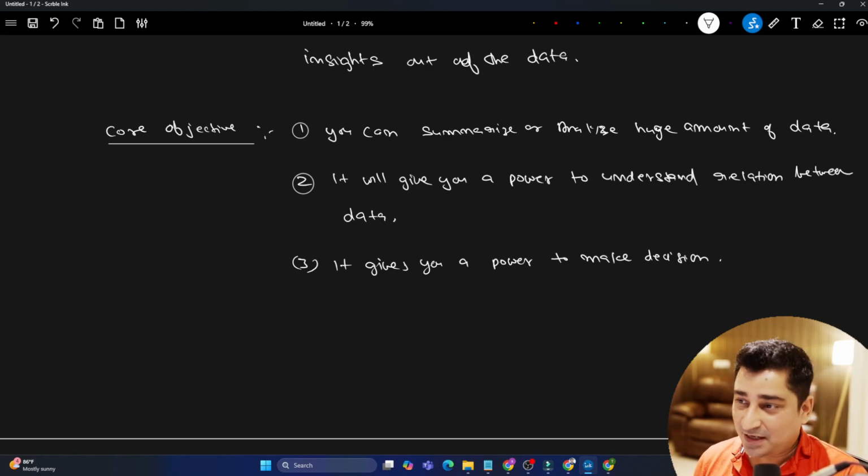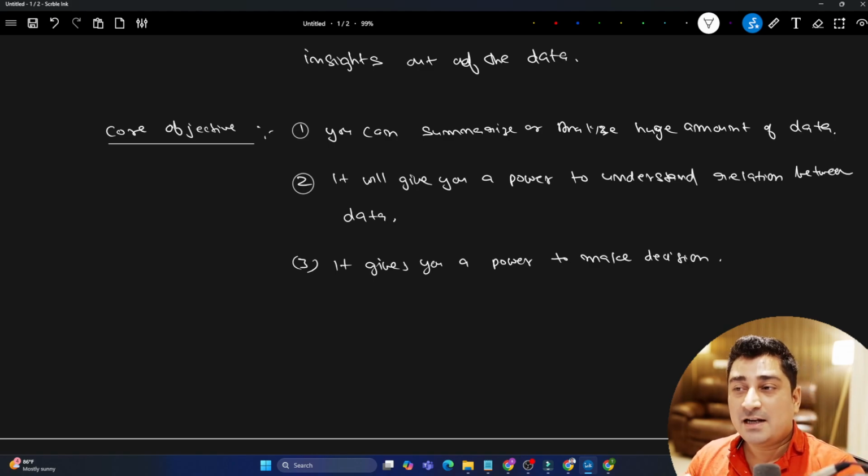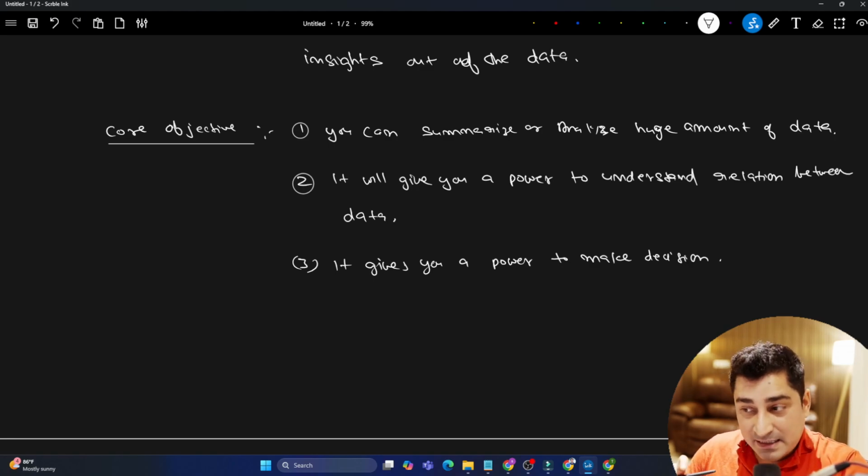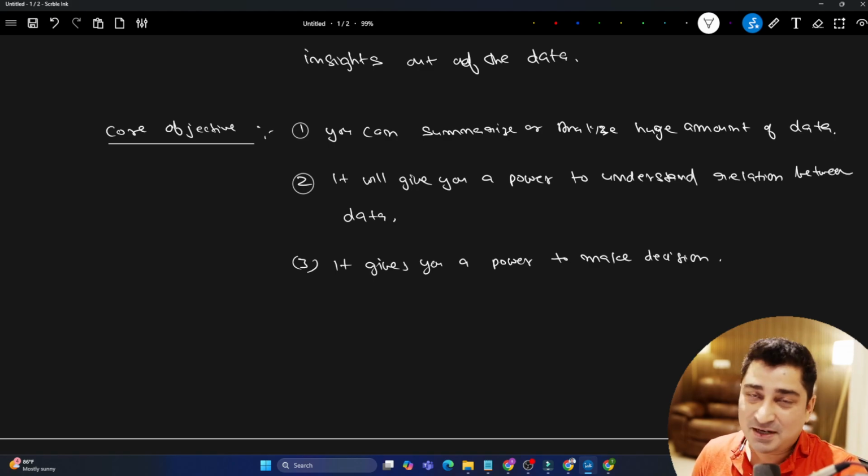And statistics will come all the time in between, not as a mathematical concept or calculation all the time, but in a different form. Statistics will come into the picture and rescue you. It is going to give you wonderful insights and power, so that ultimately you will be able to make a decision.